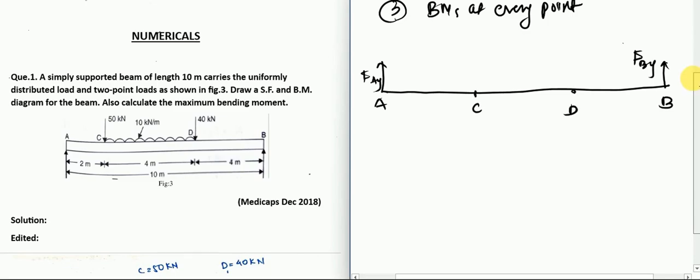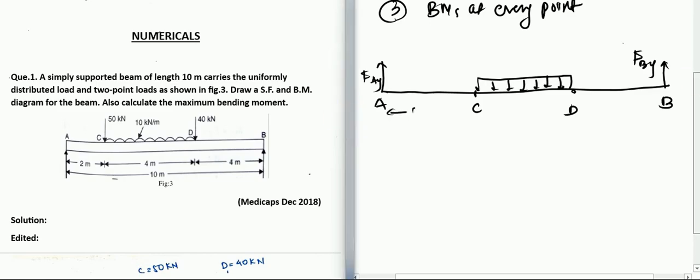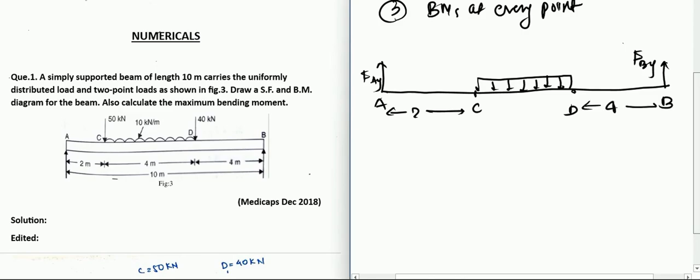Between C and D, there is a uniformly distributed load. So it must be like here. And the distance between A and C is 2 and D and B is 4. The total length of the beam is 10, as can be seen in the figure. There is also a point force at C, which is 50 kilonewton, and D also has a point force, which is 40 kilonewton.